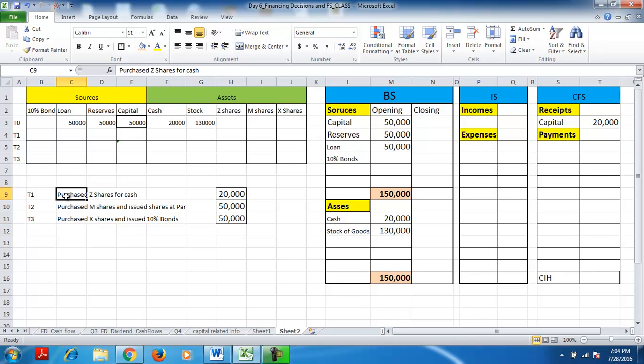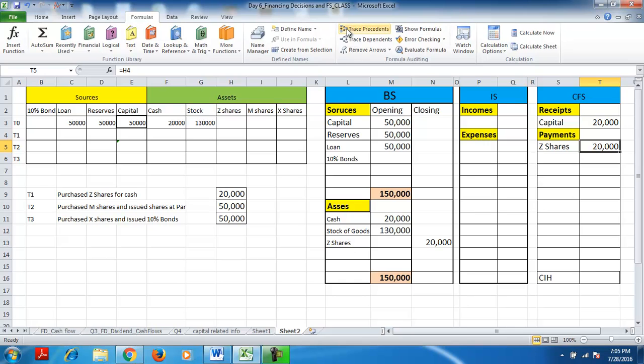When this company purchased the shares for cash, there is a payment, and the payment is 20,000 cash outflow, and creation of an asset happens. So in this case, an asset has been acquired and a corresponding reduction in the cash took place.